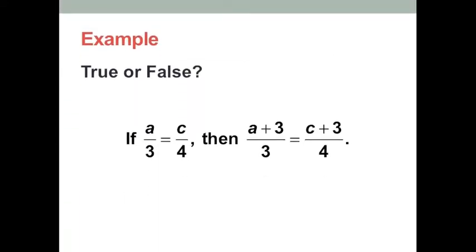True or false? If A over 3 equals C over 4, then A plus 3 over 3 equals C plus 3 over 4. False. I would need to add 4 to C so that it would be C plus 4 over 4.